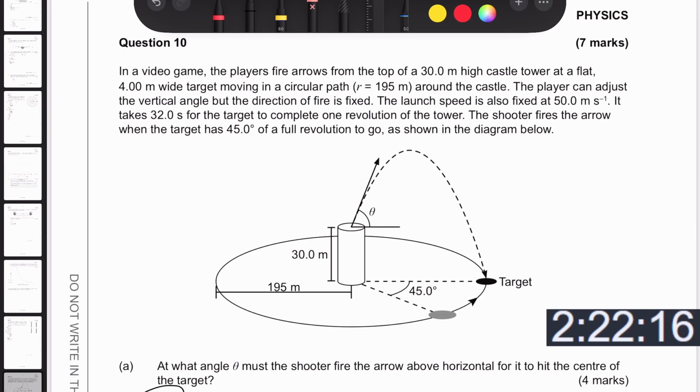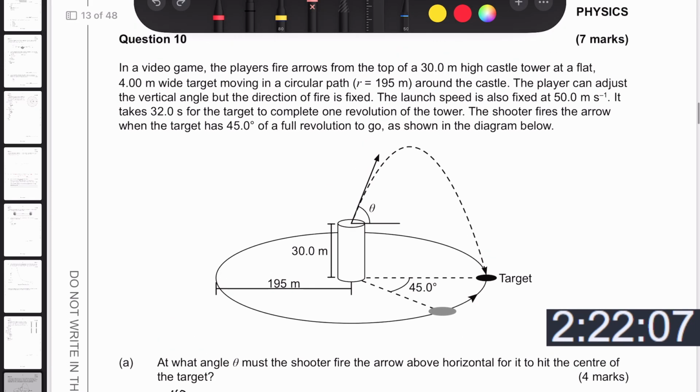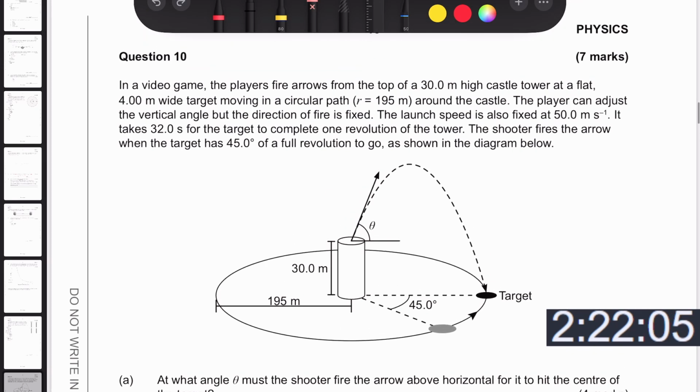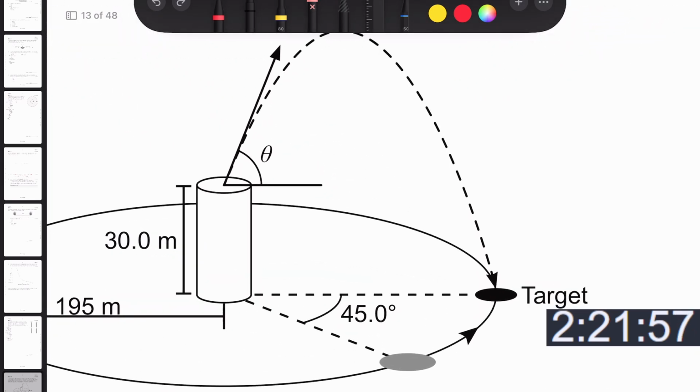Because this bit here, my time, is assuming that we want it to hit the target exactly when that thing comes around. But now I'm not so sure, because it needs to travel.